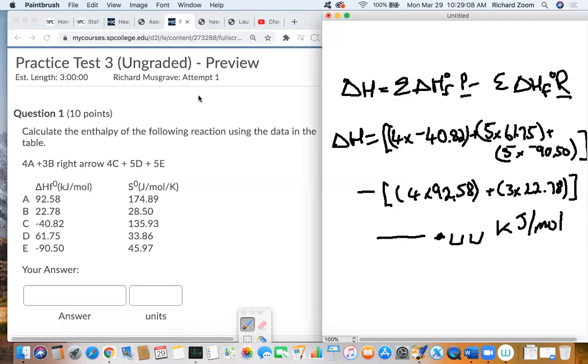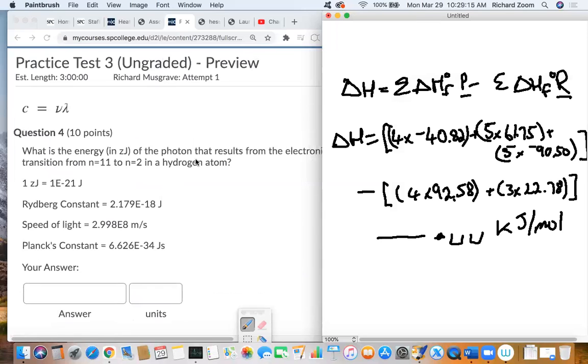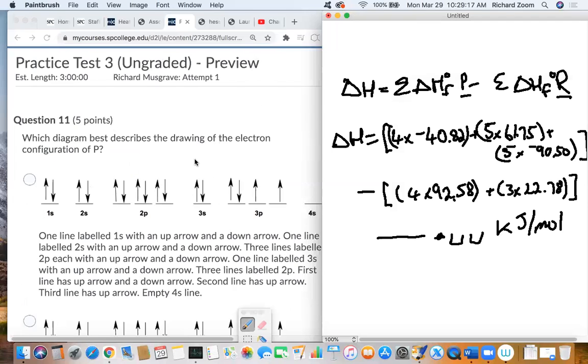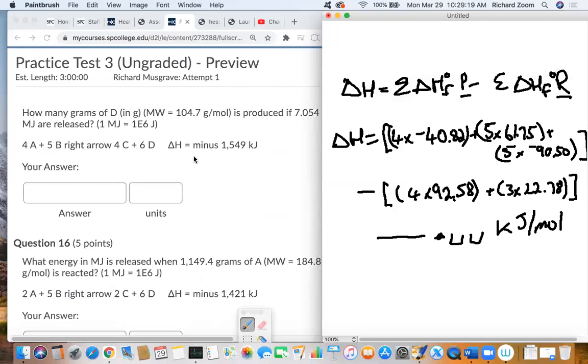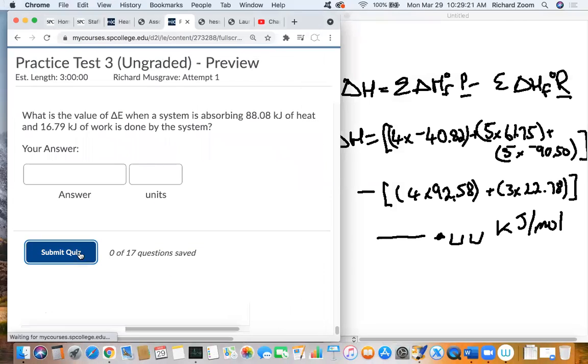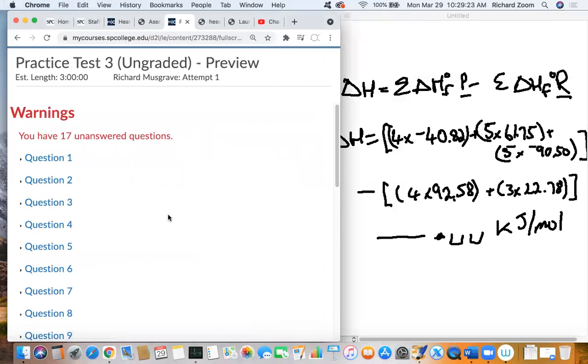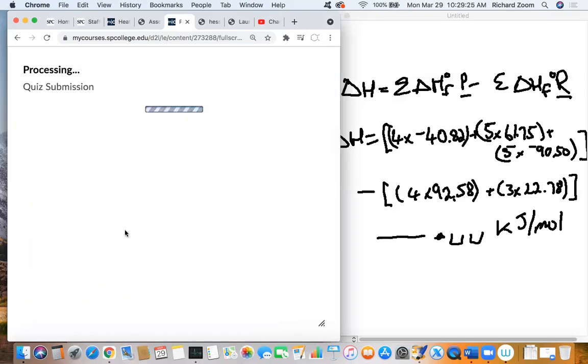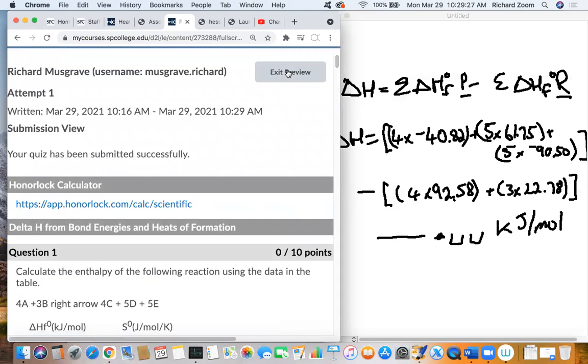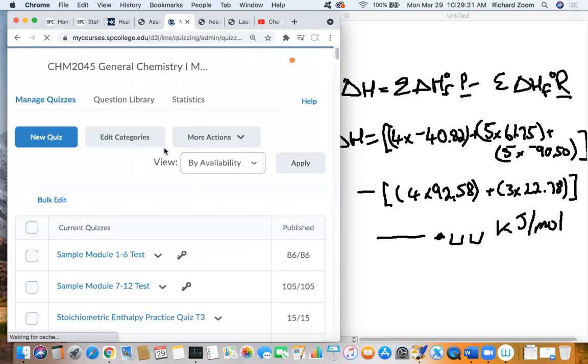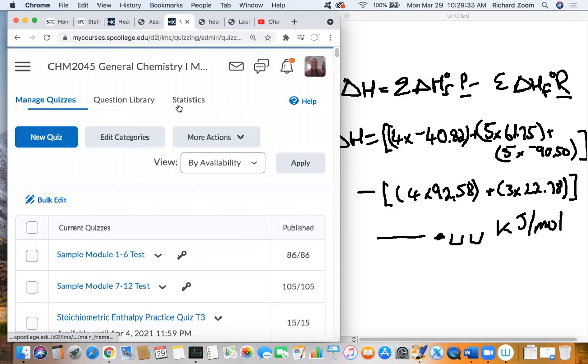Could we just do one more problem to see if I understand it really well? All right, I'll re-roll this. This gives you an idea about what you can do to practice.